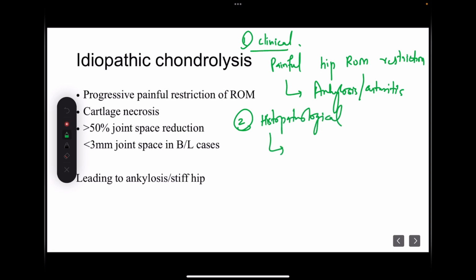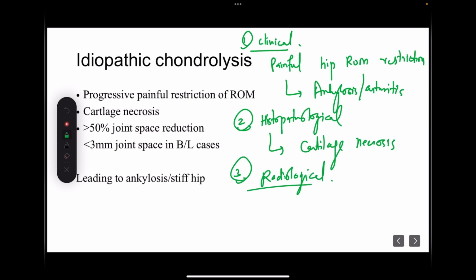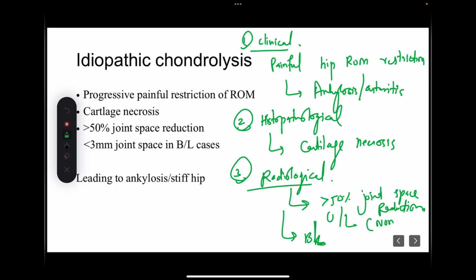In this definition, they say that cartilage undergoes necrosis. Another one is the radiological definition. That is more than 50% joint space reduction, but in unilateral cases. Whenever the cases are bilateral, you cannot compare it with the normal side. So in this case, less than 3 mm joint space is left on both sides. This is the radiological definition.